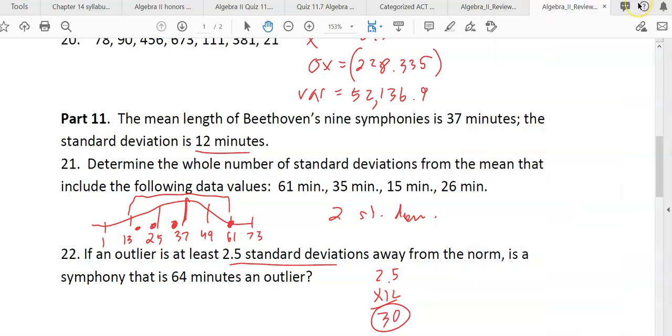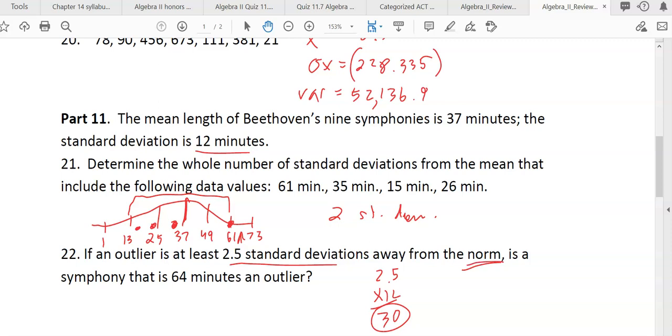So 64 is right in there. That looks unusual. It has to be 30 units away from the norm, away from typically.